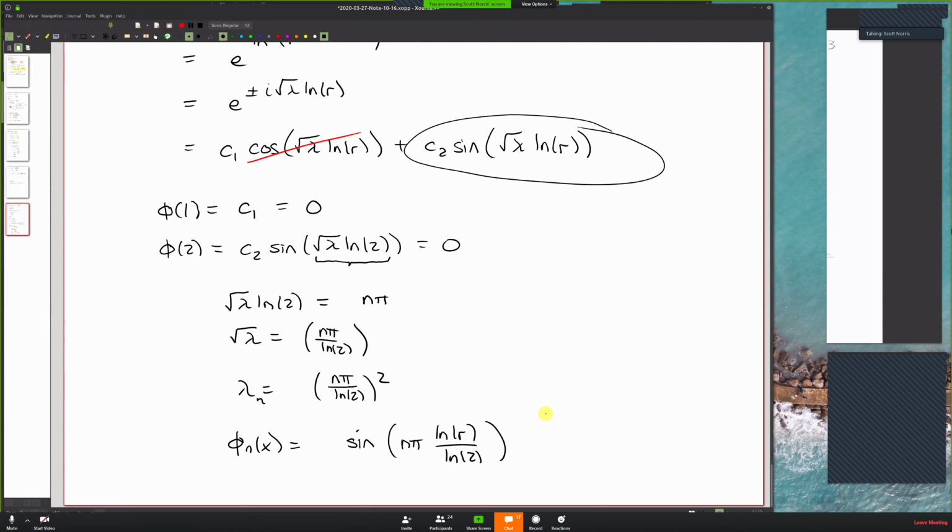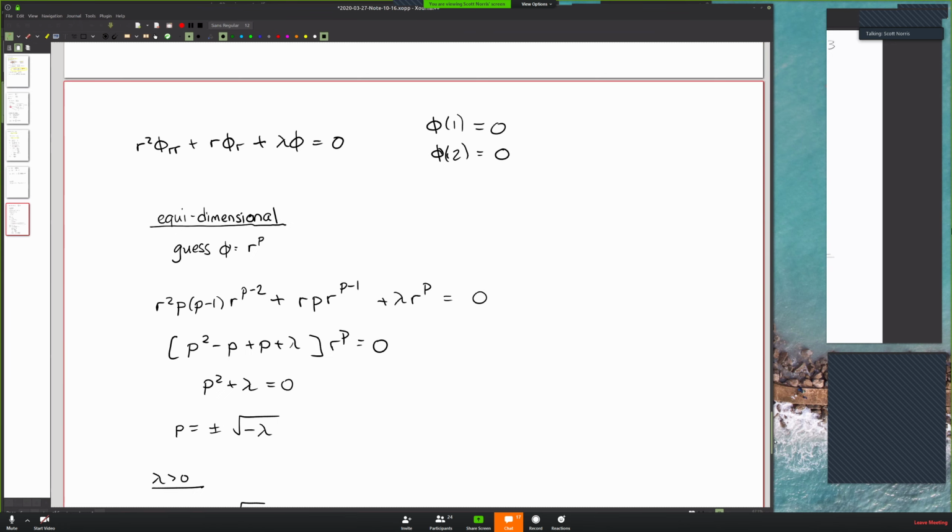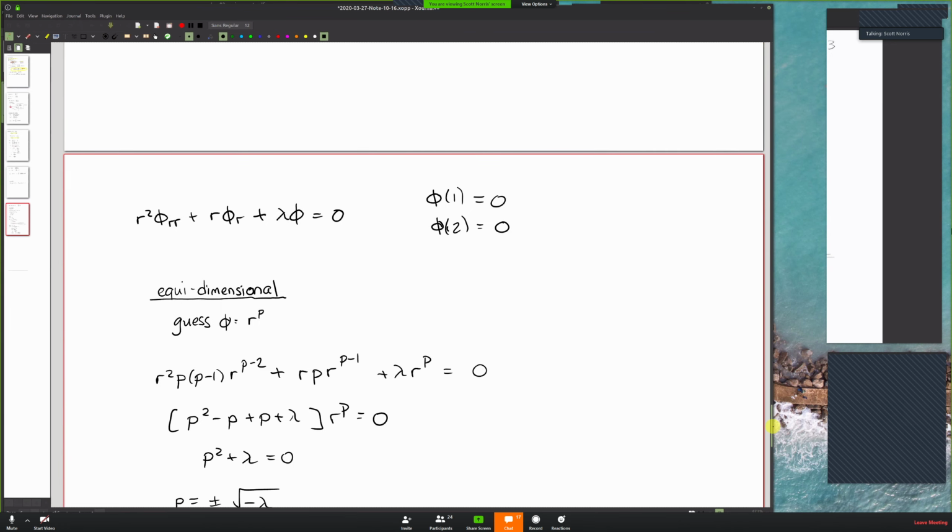All right, so it's a little bit weirder looking. We have the sine of the natural log, which is pretty weird, but everything has checked out. We took the operator and asked how the eigenfunctions are defined. They're defined by setting L phi equals minus lambda phi, always. That's always the definition of the eigenfunctions.